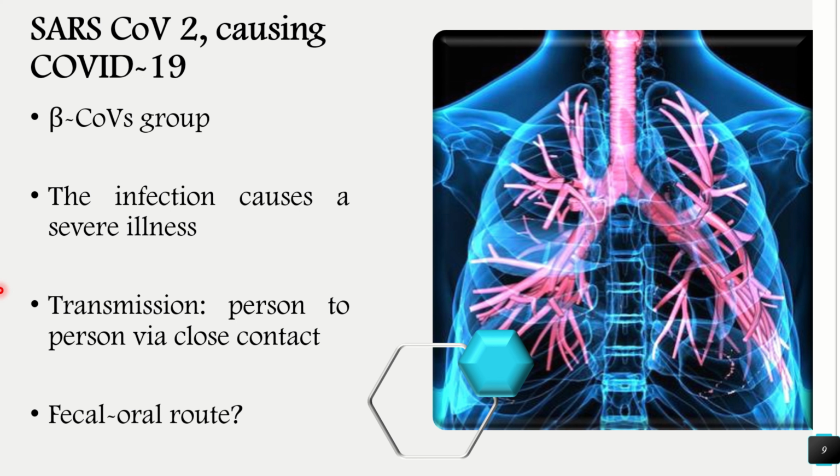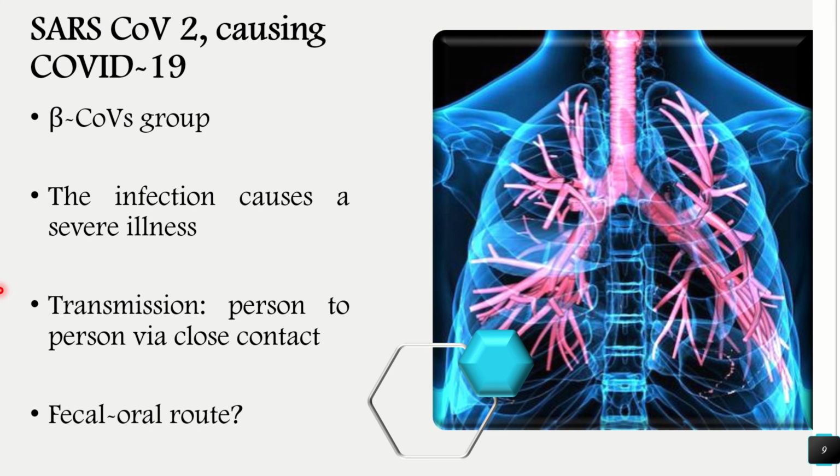There is some concern about a possible fecal-oral route of transmission for severe acute respiratory syndrome coronavirus 2 because patients with severe acute respiratory syndrome and MERS frequently had diarrhea, and the virus RNA was detected in stools of patients with severe acute respiratory syndrome coronavirus.